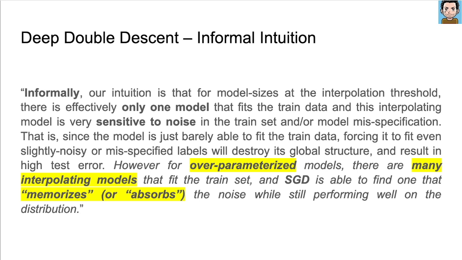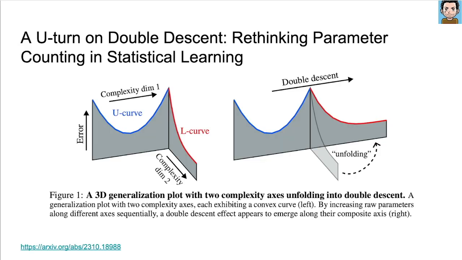In contrast, an over-parameterized model offers many models, and some of these models are able to absorb the noise. While the paper didn't use the word ensemble explicitly, it indicates that we are working with many interpolating models inside an over-parameterized model.